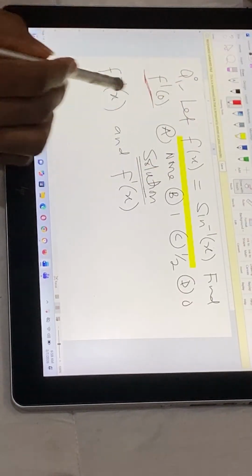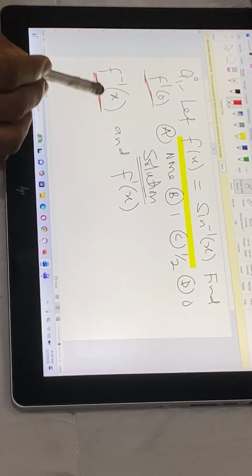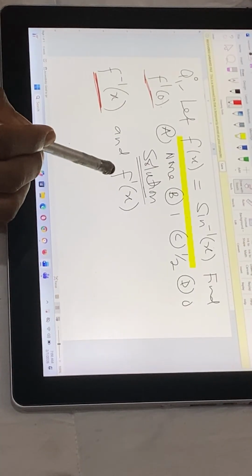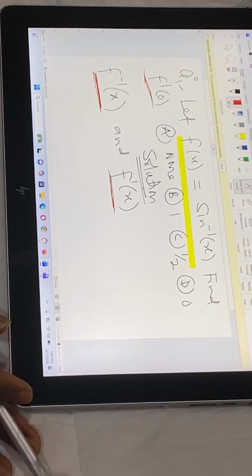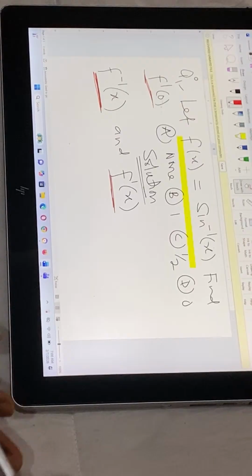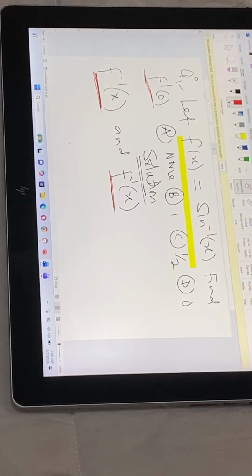This one is telling us about the inverse of a function, while this one is telling us about differentiation, or derivatives, or coefficient of derivative. They are all the same. Either I call it differentiation, or you call it derivative, or coefficient of derivative. Please take note, they are the same.